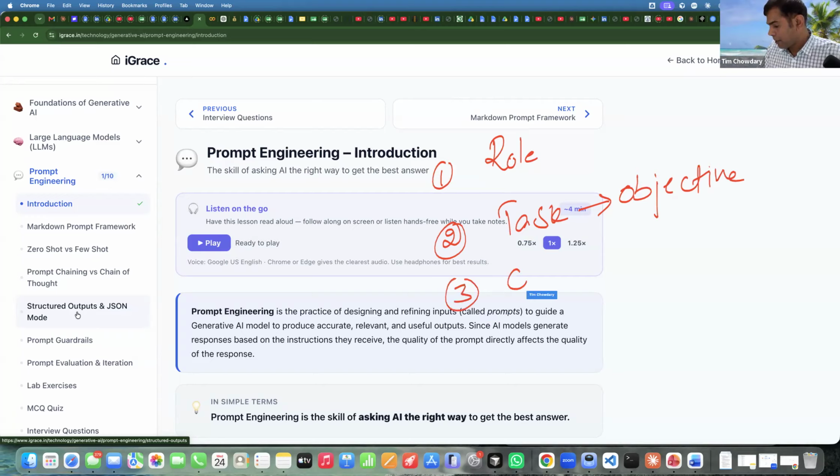Then context. Then constraint. The other one is then output format.